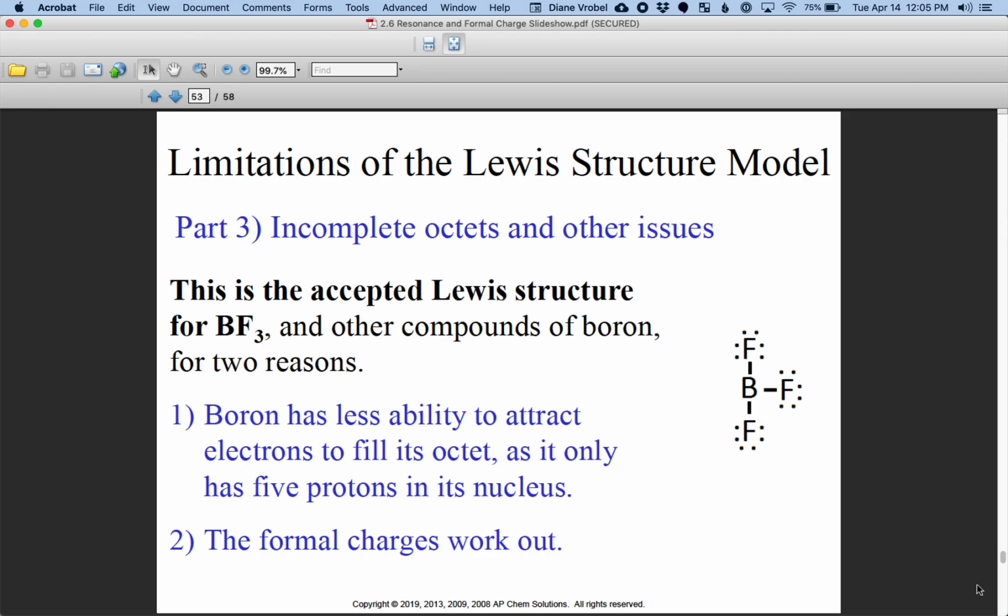Okay, here is another Lewis structure where there are some problems with it. And I told you in the other set of notes that we just accept the fact that boron has an incomplete octet. Over the years, I've seen many chemistry students want to complete the octet for boron. Now, please remember it has a core charge of +3. It has access to 5 protons. It's not highly electronegative. So we are okay with the fact that boron has an incomplete octet.